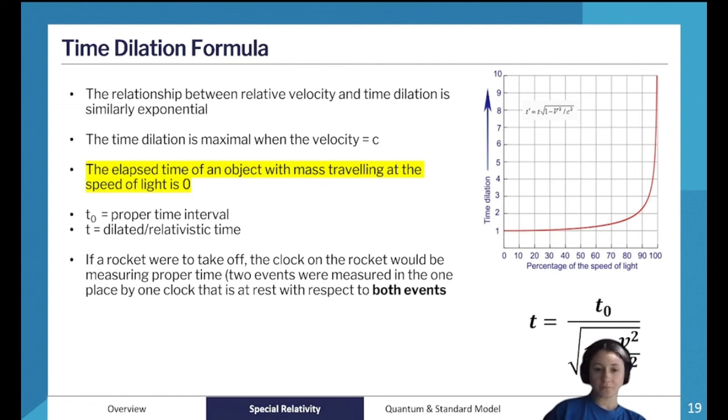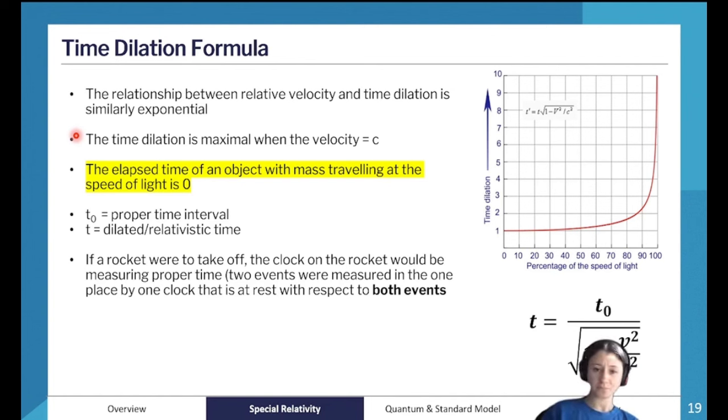So, the time dilation is maximal when the velocity is equal to c. When something travels at speed c, it actually does not experience any time at all. So we know that light doesn't experience any time.